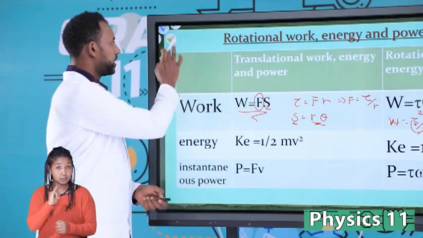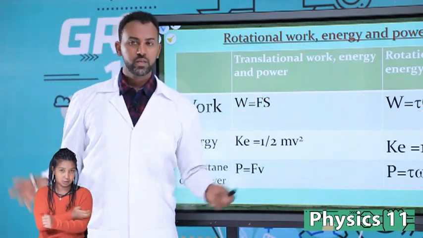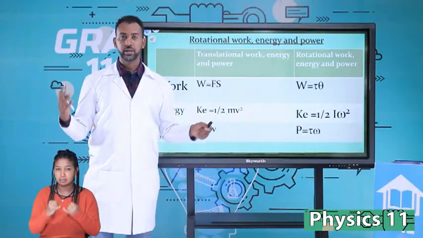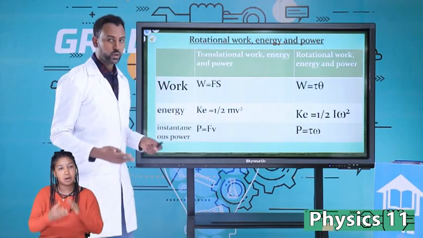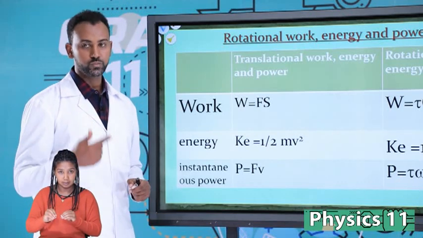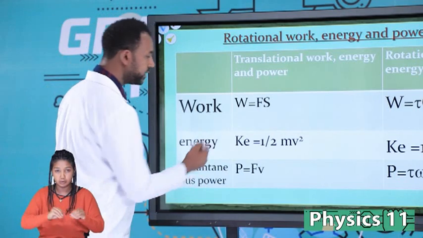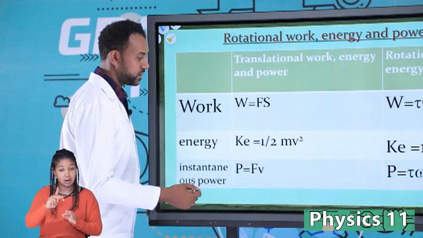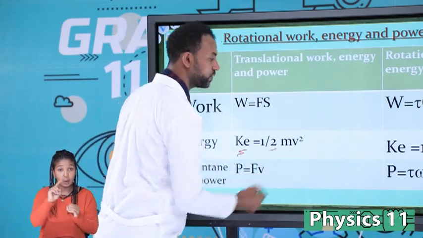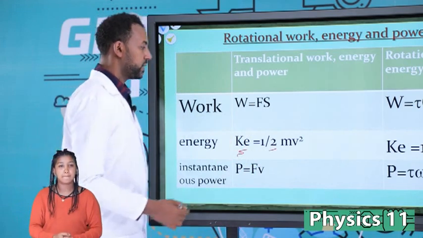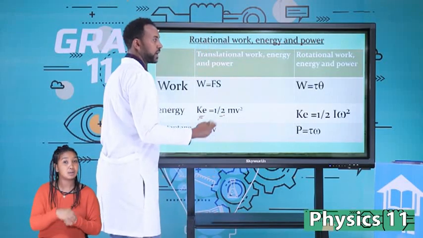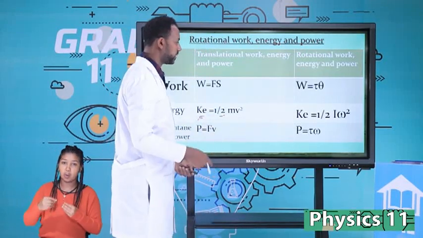The other concept is energy. We have seen different forms of energy, potential and kinetic, and we classified potential energy into elastic, gravitational, and so on. But here we only focus on kinetic energy, the energy due to motion or velocity. In translational motion, kinetic energy is 1 over 2 m v squared. In the same way we can find it for a rotating object.